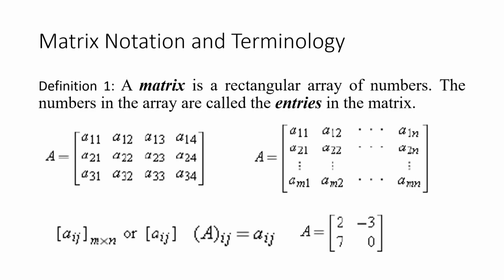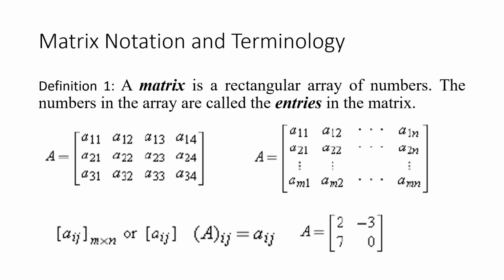Okay, so let's have the matrix notation and terminology. Now, a matrix is a rectangular array of numbers. The numbers in the array are called the entries in the matrix.